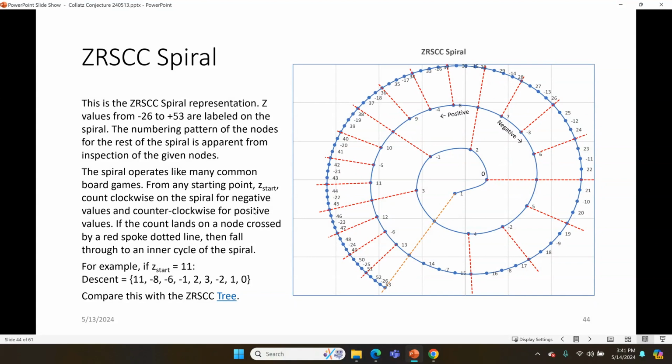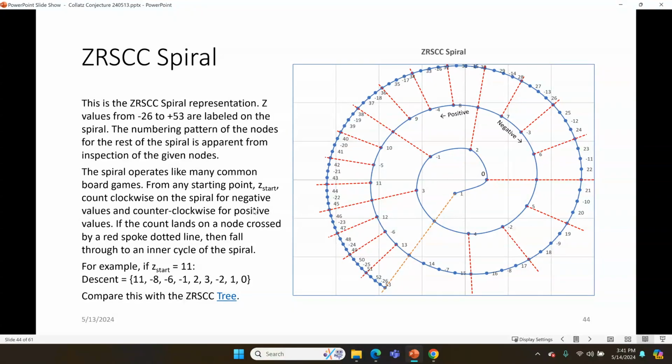So we count 2 clicks in the opposite direction, which lands us on the spoke that descends down to node 1. And then node 1 is positive, so we count 1 click in the counterclockwise direction, which lands us on node 0, which is the root node there. So that's how the spiral works.